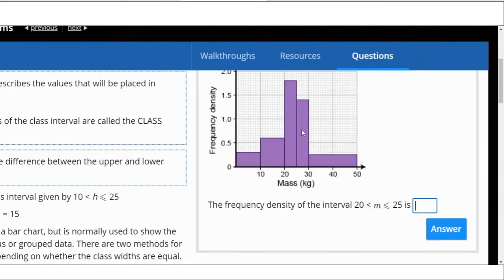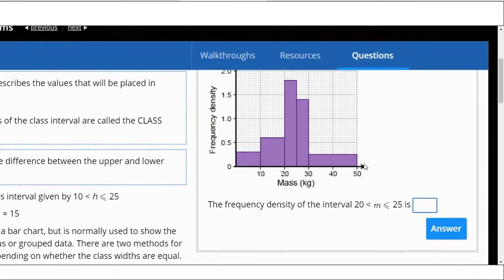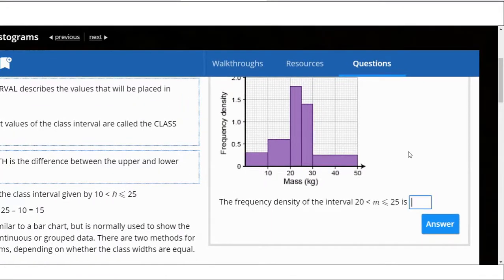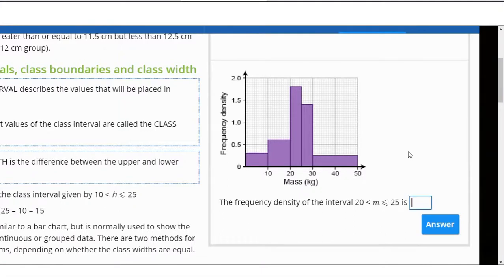Okay, next questions. Look at this histogram. The frequency density of the interval, so look 20 until 25, so it should be this one. So the frequency density, remember, frequency density is the frequency divided by the class width. The class width should be 5, right? 25 minus 20, and the frequency you have to find it here. This is the frequency density already.